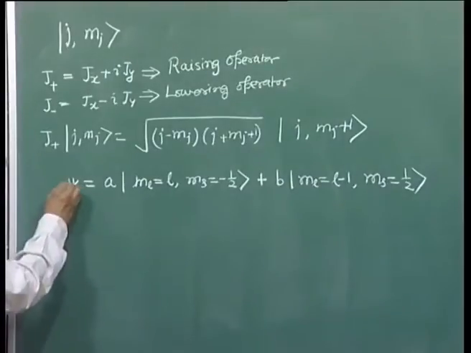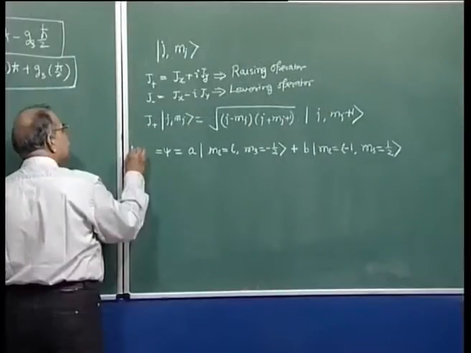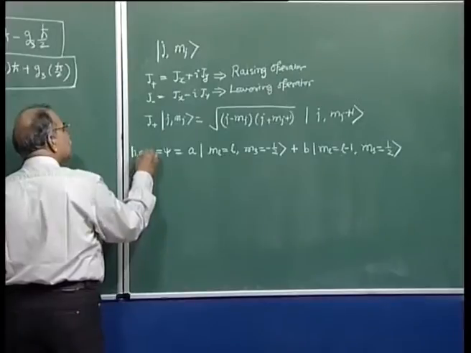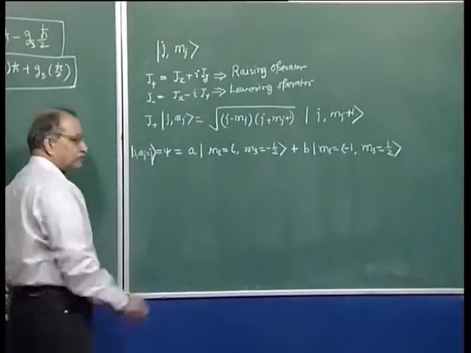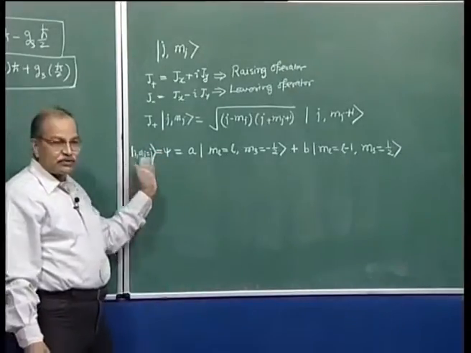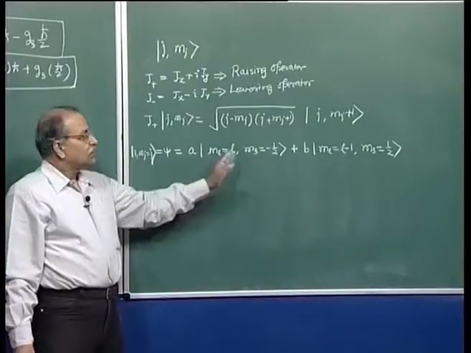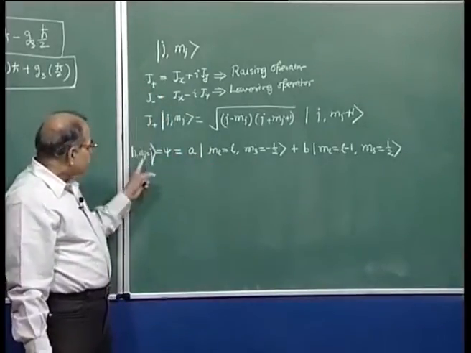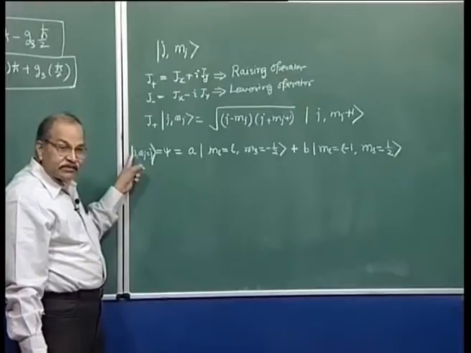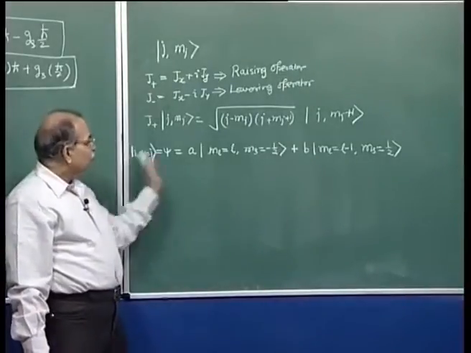And this psi is j and mj equal to j. This is the wave function which we expanded. Now you apply this j plus on both sides.